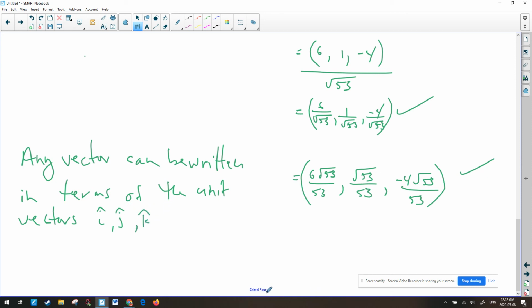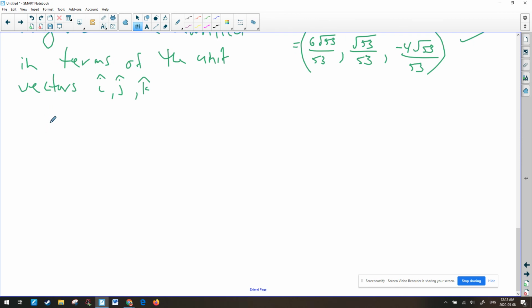What I mean by that is, given the vector OM equal to -4, 1, 5, you could say that it's actually -4 i hat plus 1 j hat plus 5 k hat, right? Because if I added those vectors, this is the result I would get back. Okay, so there we go.